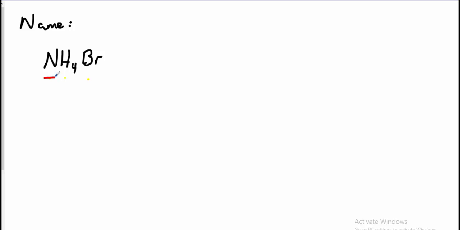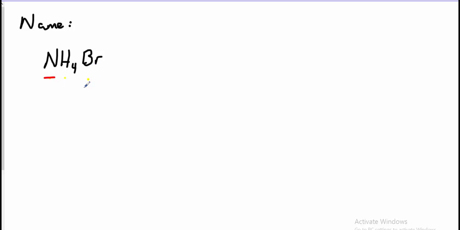In other words, nitrogen cannot be an ion on its own in this compound because nitrogen would be a non-metal. And I know that ionic compounds either start with metals or ammonium. That's the only polyatomic cation that we have. So there's a little bit of a hint there.